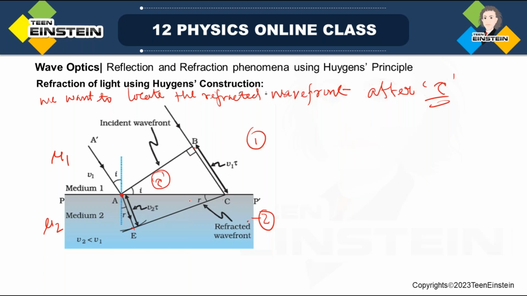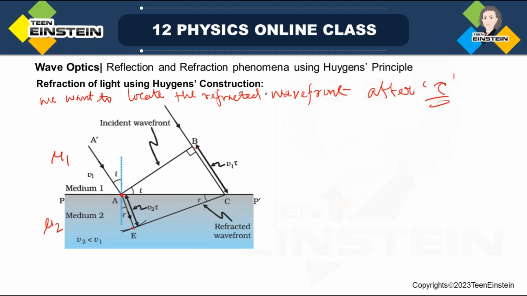If my language is not clear, I'll just restate this. See, we are just trying to look at the shape and size after tau time of the wavefront AB reaching point A on this interface.